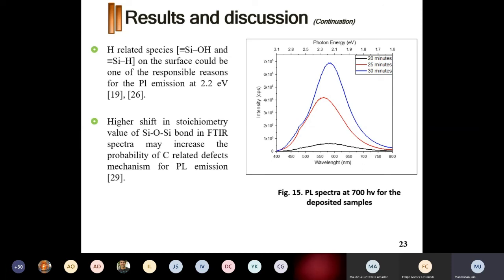Besides hydrogen, we have seen in the FTIR spectra that there is already a higher shift in the stoichiometry value of the silicon oxide bonds, which increases the carbon-related defects mechanism in PL emission.